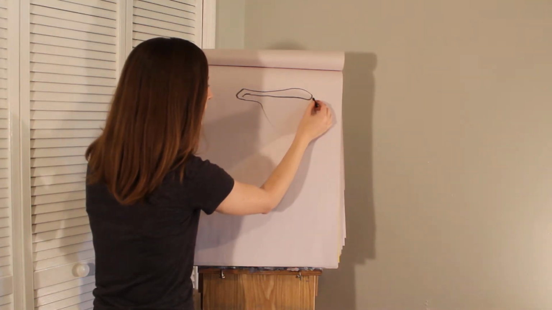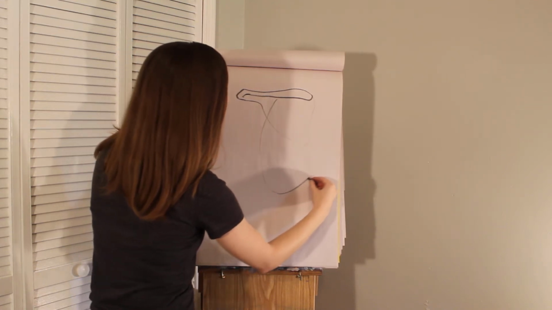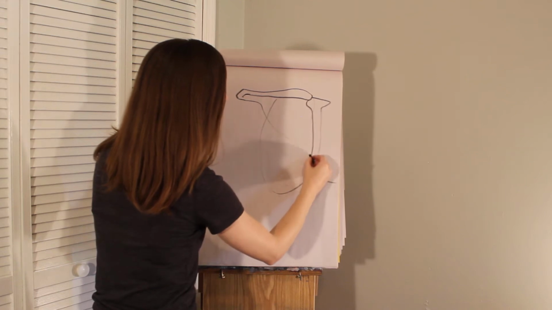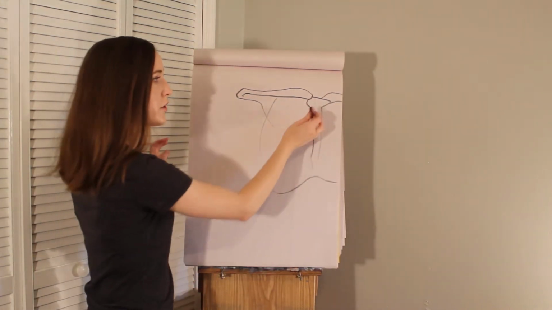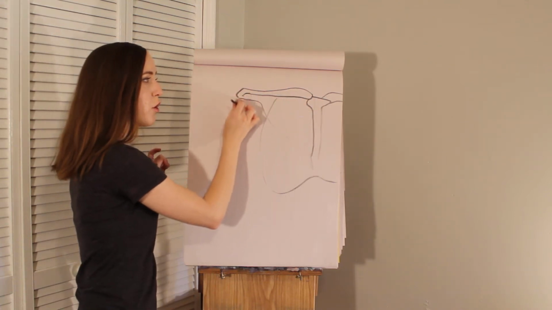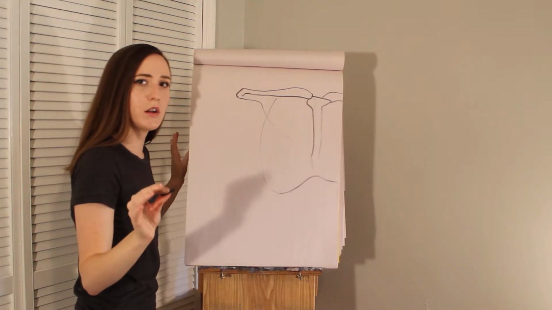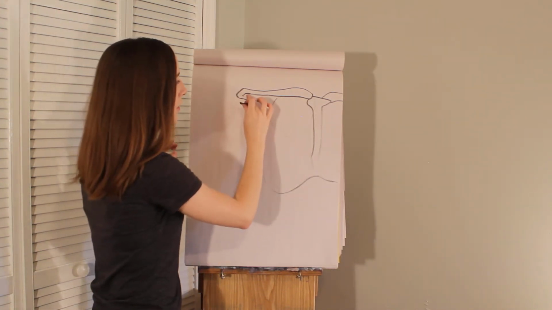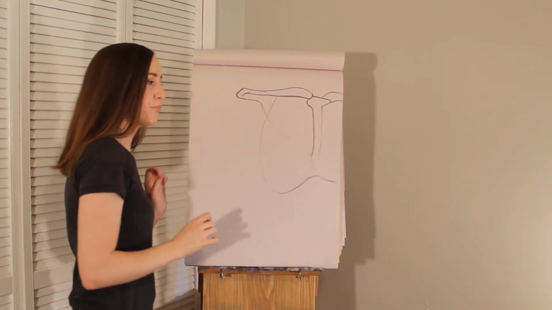I'll draw it lightly so you know it's like x-ray vision. Your ribs are in the way, your sternum's over here, that other clavicle. So your clavicle, the acromion process at the end with no muscle on top of it, that box of bone, and then it turns into the inside of the scapula.